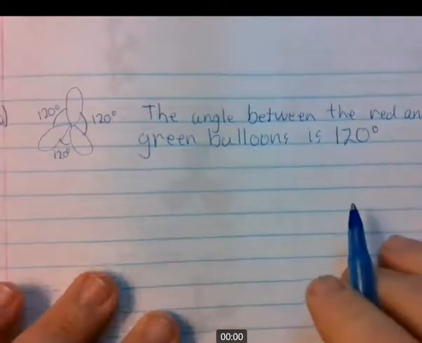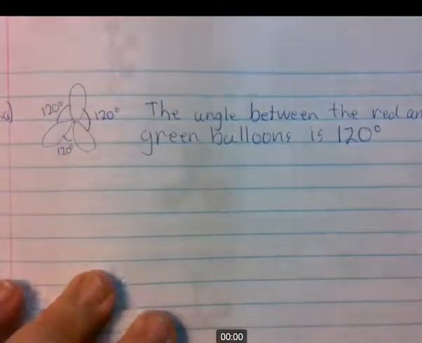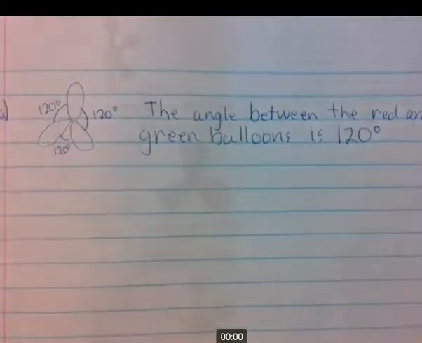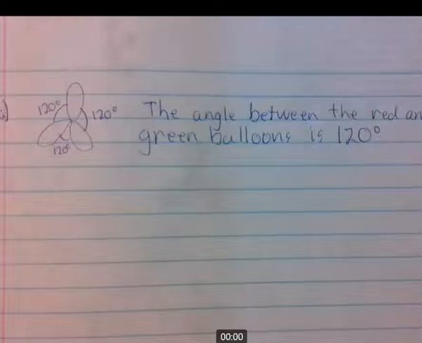Okay, and although it doesn't ask it, this would be the configuration of a trigonal planar molecule. It's three atoms and they're spaced equally, 120 degrees apart.